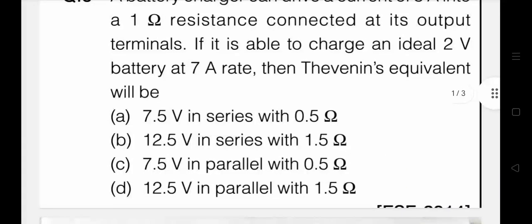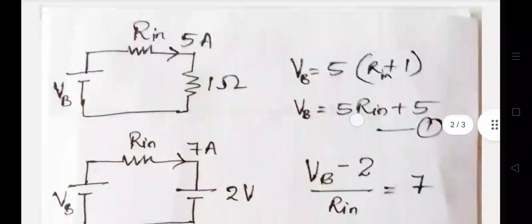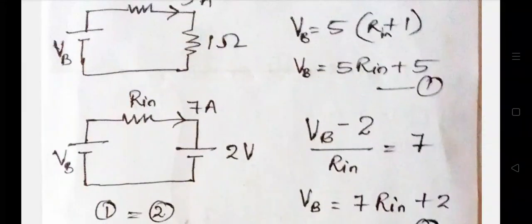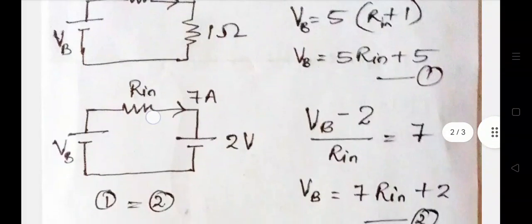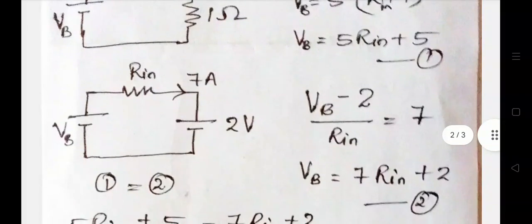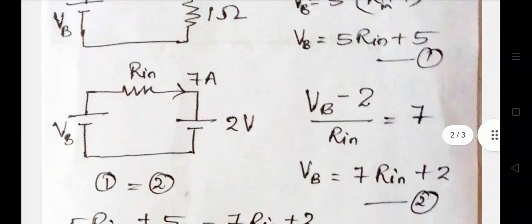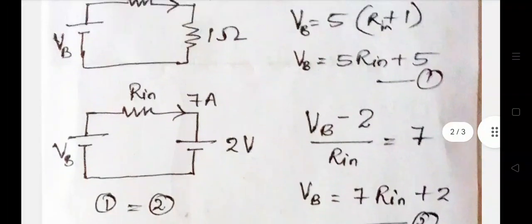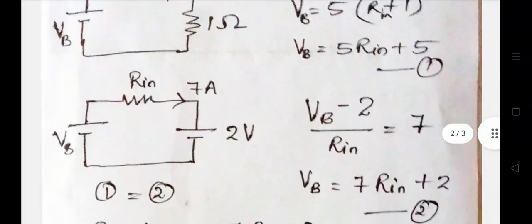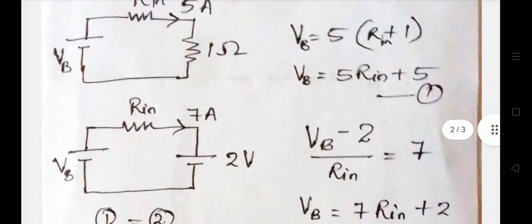And 7 ampere is flowing through that circuit, with VB, the internal resistance of the battery charger, and the ideal 2 volt battery connected.